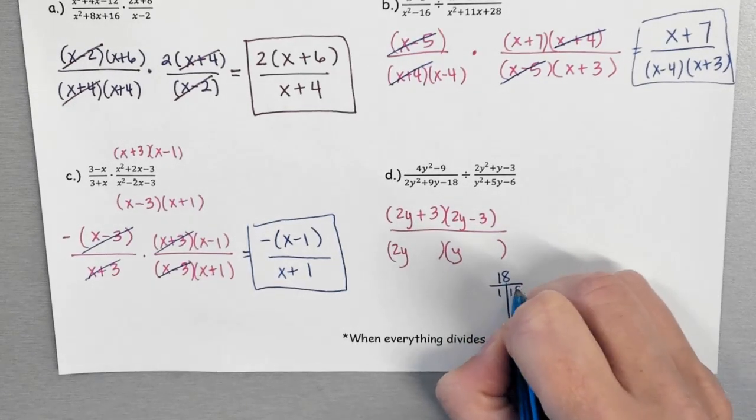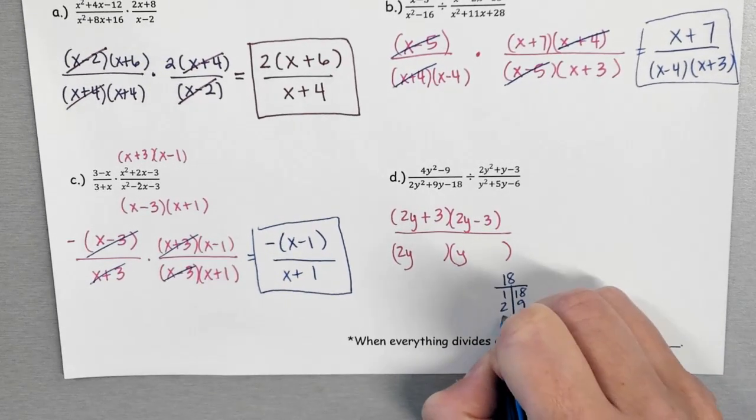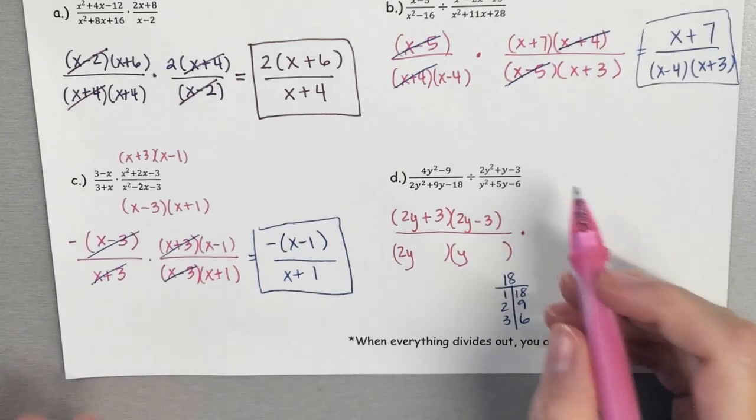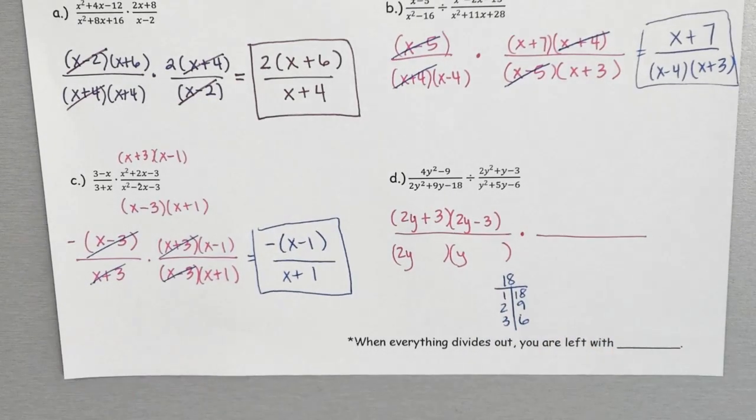Okay, so it could be 1 and 18, 2 and 9, 3 and 6. So you guys can guess and check. You're trying to add to positive 9. And then will you guys also factor that one for me?